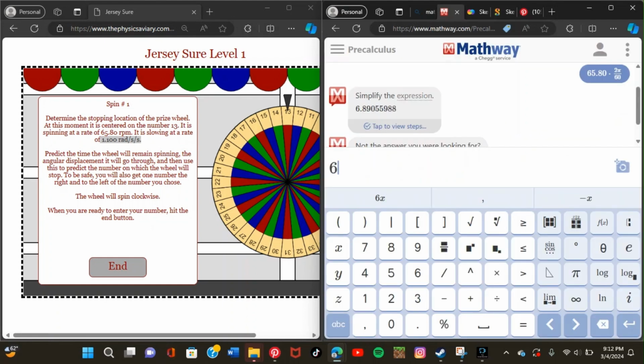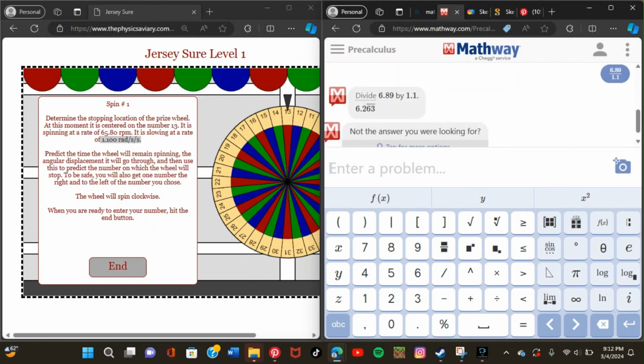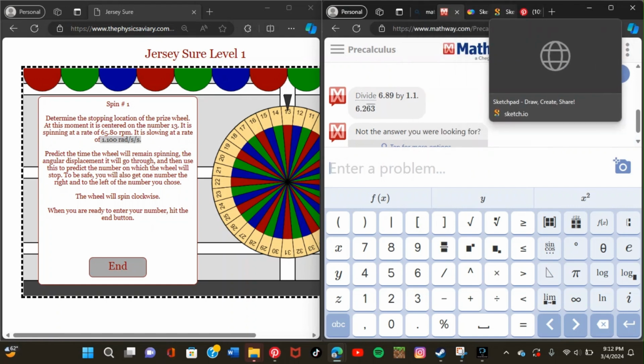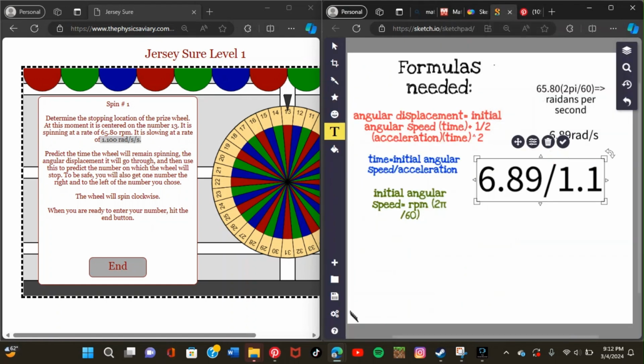So 6.89 over 1.1 would be 6.263. So 6.263 is the time.